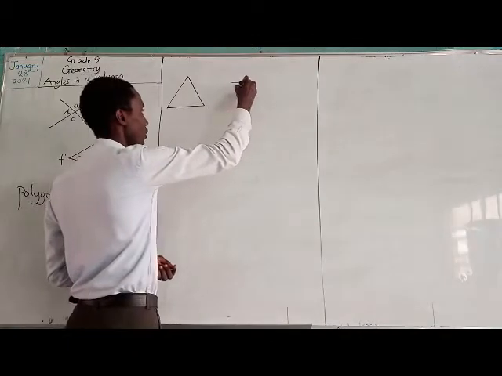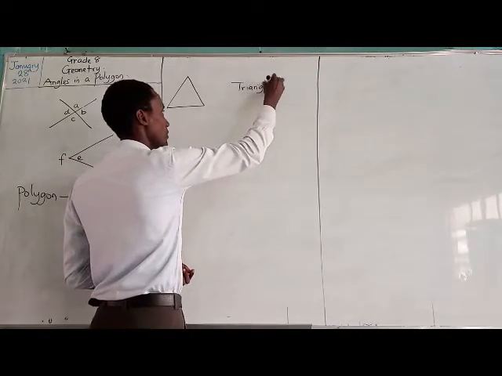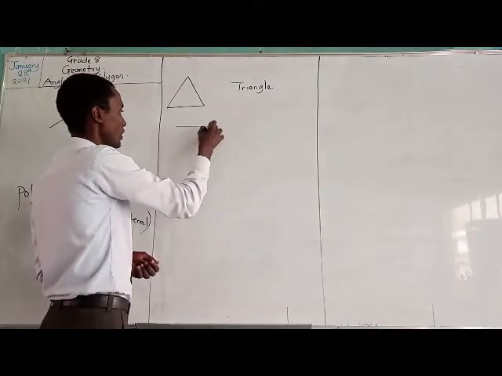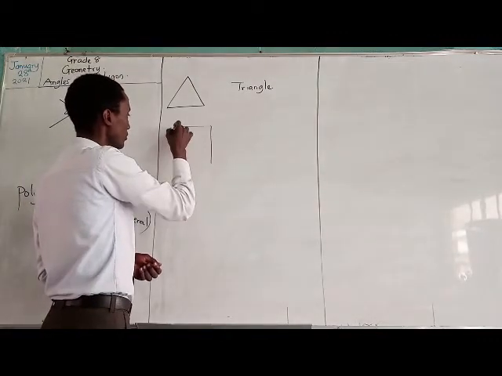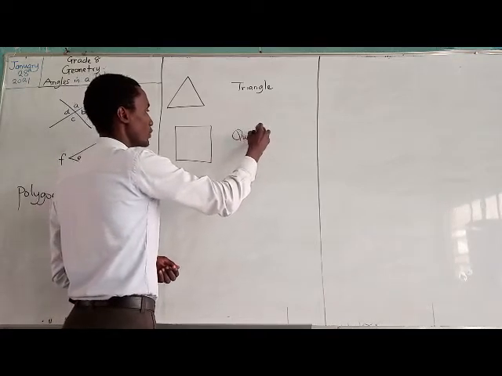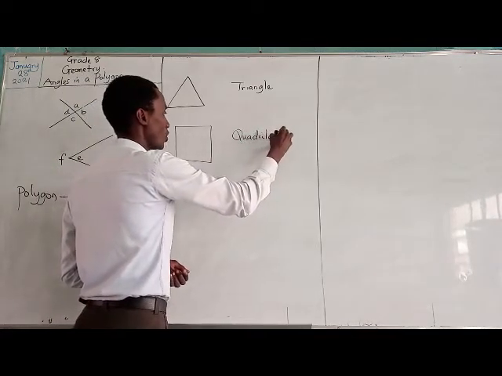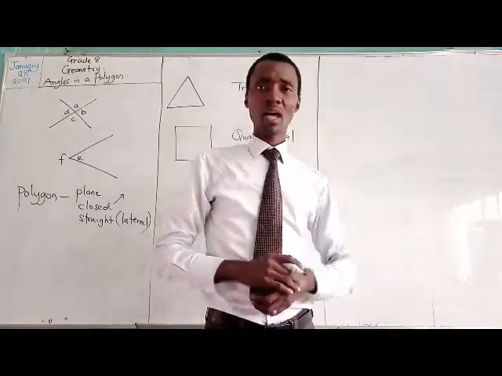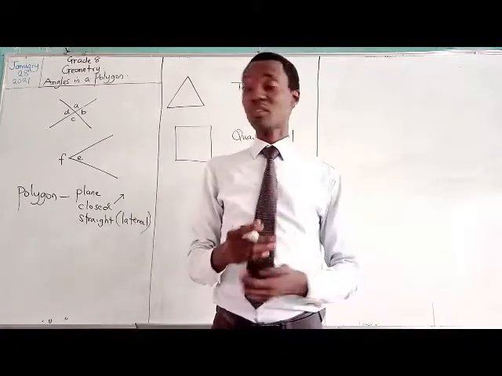Okay, so this is a triangle. The next we want to look at is what is called a quadrilateral. A quadrilateral will be a polygon that has what? 4 straight sides.